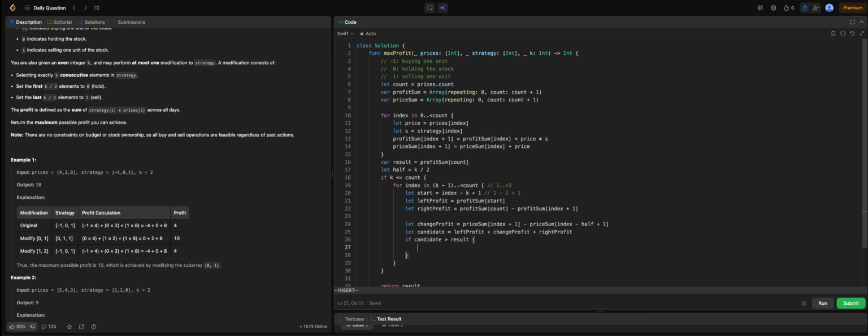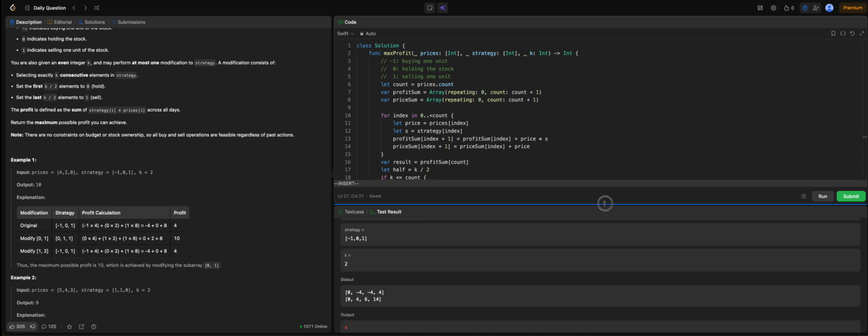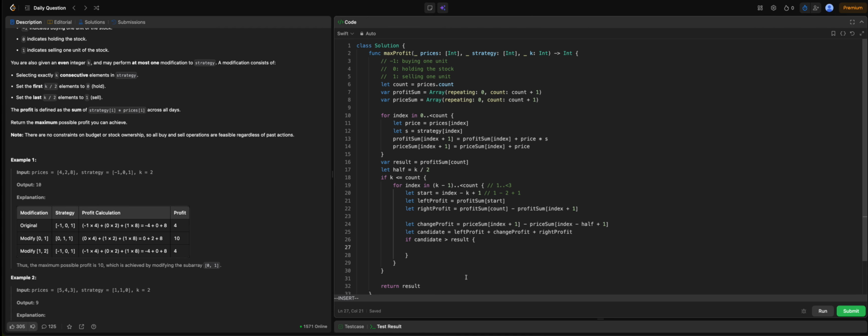Our result is originally the profit of the original values, which is 4 initially. So if it's larger than 4, we update the result with the candidate. At the end, we finally return the result.